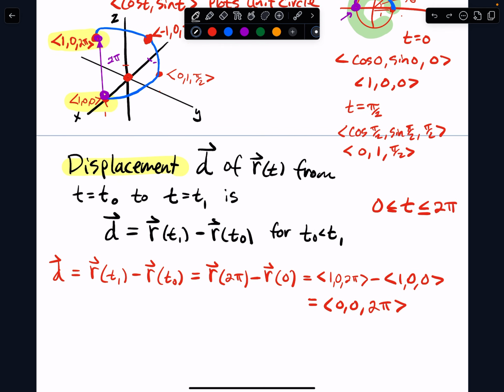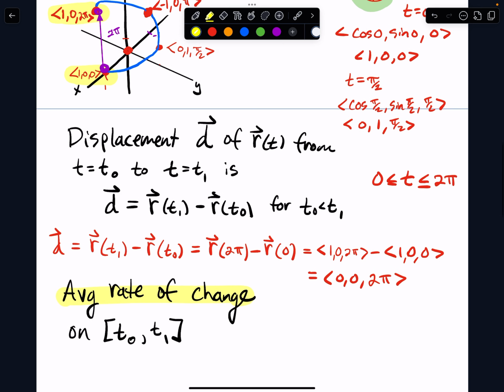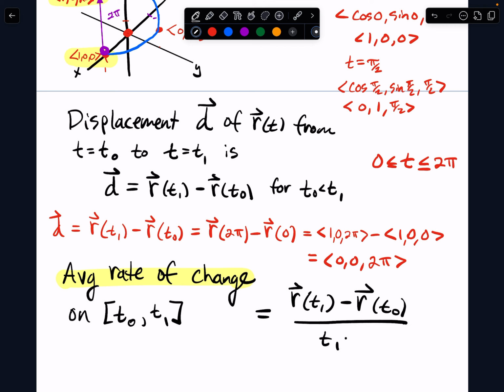Okay, the next one I want to talk about is the average rate of change on t0 to t1. So the average rate of change is equal to r of t1 minus r of t0 over t1 minus t0.